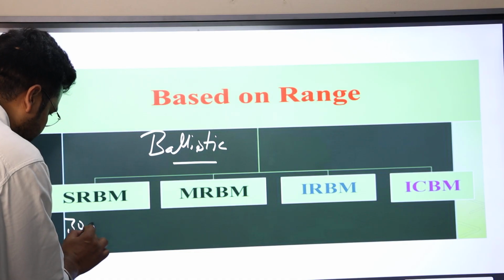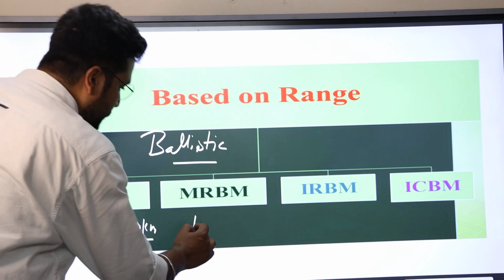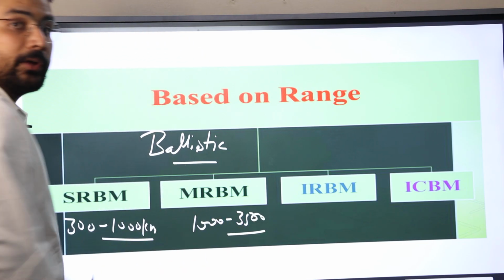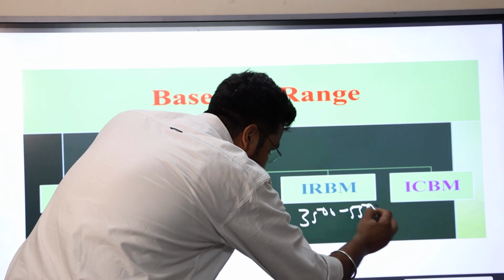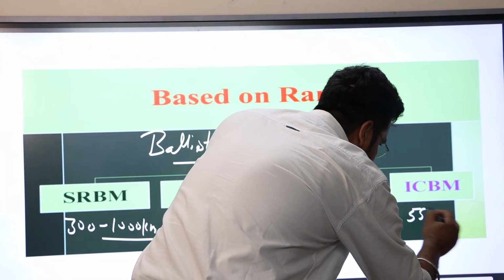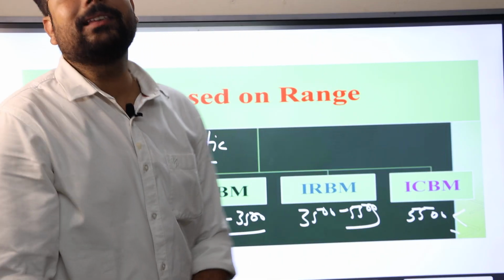See, 300 to 1000 kilometer is the limit of SRBM, 1000 to 3500 kilometer is the limit of MRBM, 3500 to 5500 kilometer is IRBM, and more than 5500 kilometer, this is ICBM.